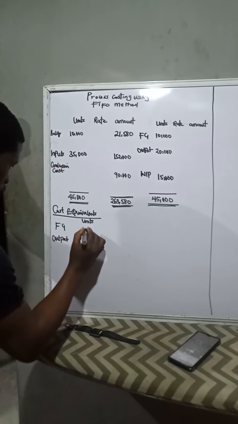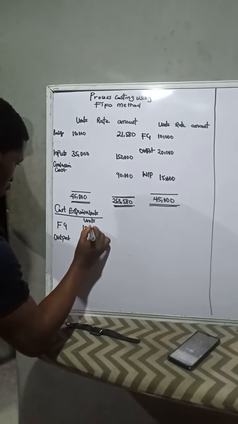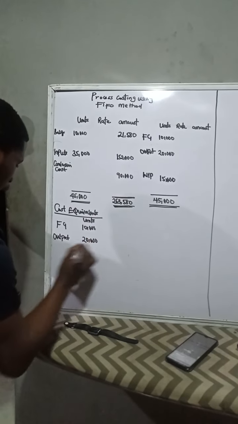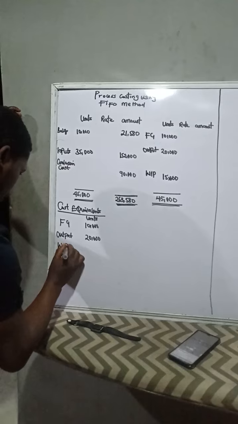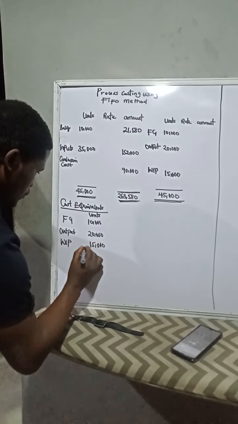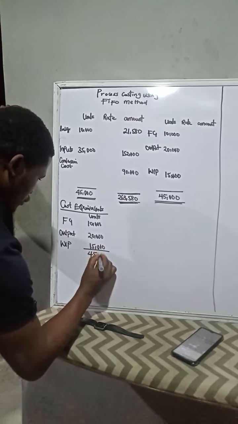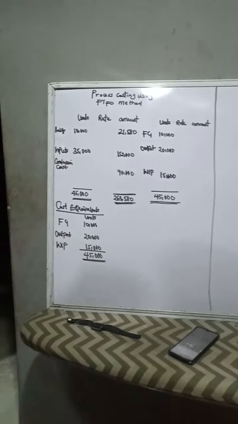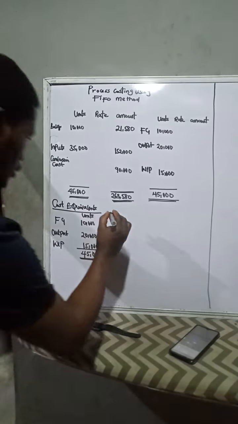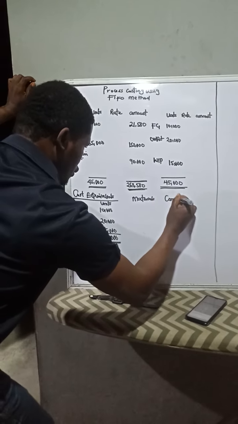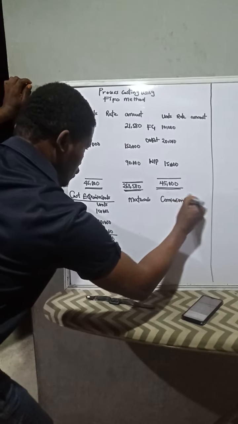Unit is 10,000, output is 20,000, and my WIP of 15,000. I sum it, I have 45,000 units. So I will now break it down to material and conversion cost.